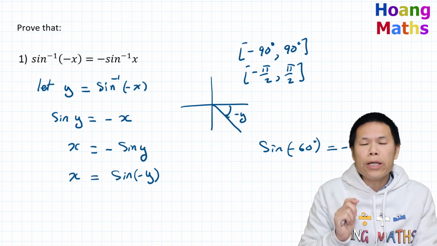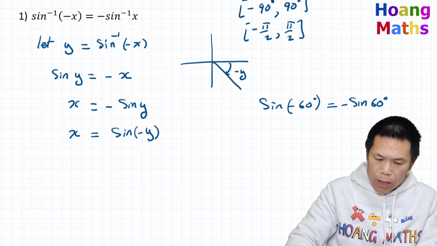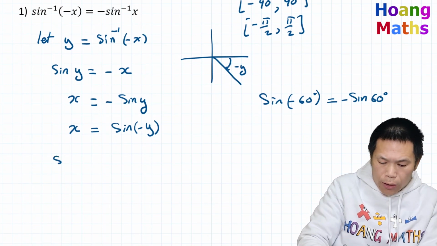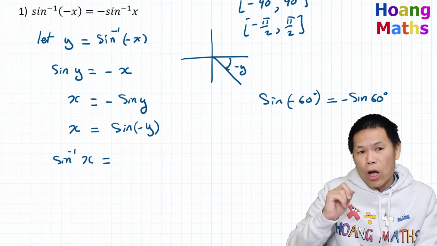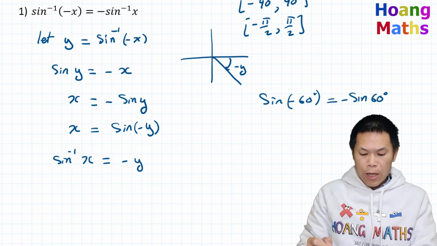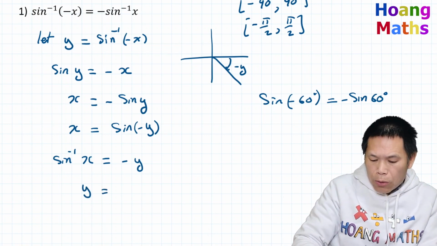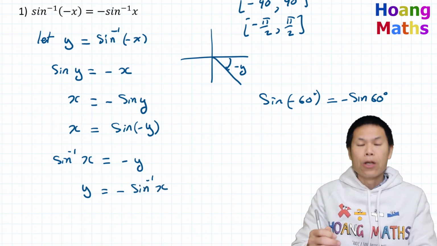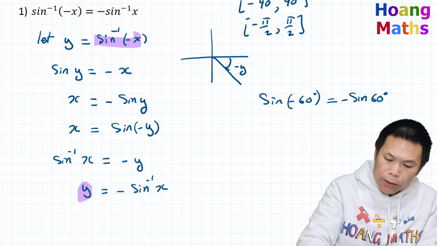Now what I do is take inverse sine on both sides. That means sine inverse of x. With sine inverse of sine, it cancels out, giving me negative y. So therefore, y must be equal to negative sine inverse of x. And we know that this y here is equal to this.